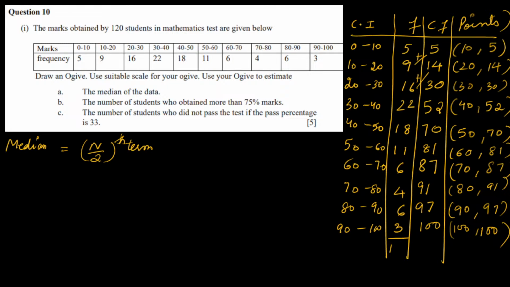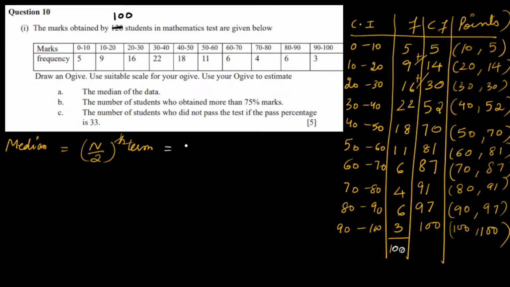Okay, so there might be a mistake here. 120 students are written, but it is not 120, it is 100, as the total of frequency is 100. So 100 students are there. The total of frequency is the number of students.